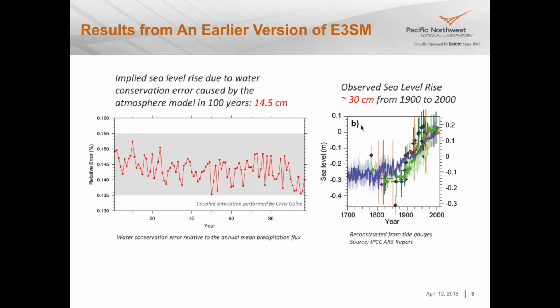This value is about 14.5 centimeters. Compared with the observed sea level rise in the past 100 years, this is almost half of the magnitude. So this error is pretty large.